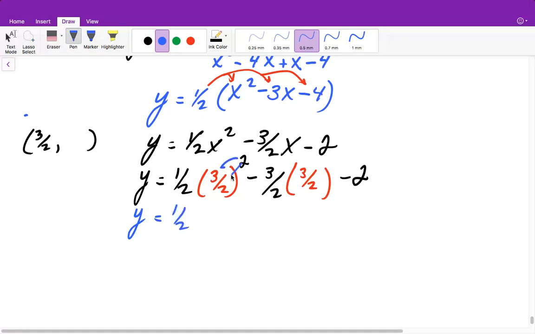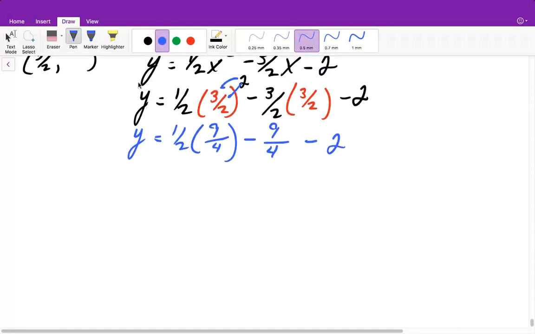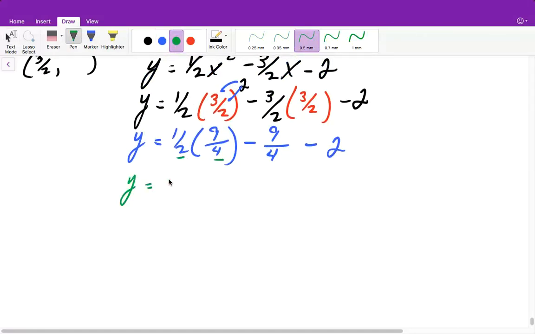Now, this will give me y is equal to 1/2. We will distribute the square into both, so times 9/4. Then when we multiply this, it'll be minus 9/4 minus 2. Then our next step is we will multiply 1/2 and 9/4. So y is equal to 9/8 minus 9/4 minus 2. Now we will need to get common denominators between them all. So our least common denominator will be 8.